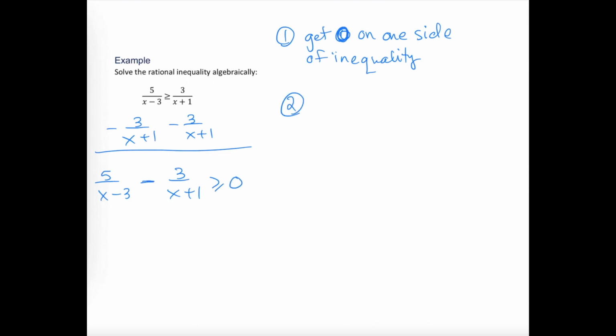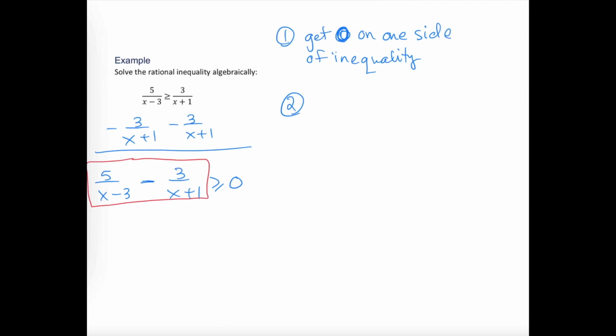Now, there are several ways to proceed from here. One is the boundary point method, and the other is to just jump straight to the graph of the rational expression that results on the other side. But either way, we're going to have to subtract those two rational expressions.